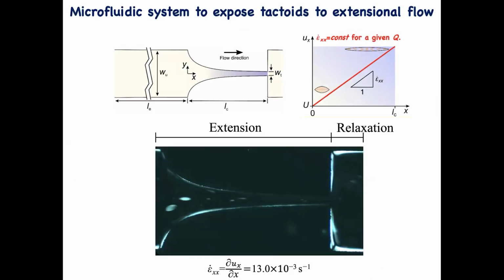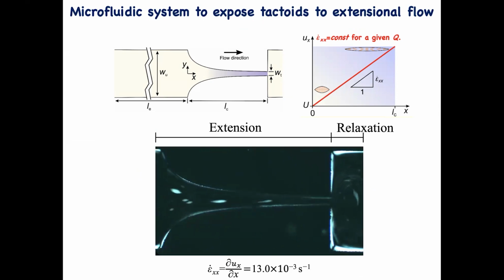So for example, this is a microfluidic chip. This is designed to have the straining rate constant along the channel. And look at the droplets. They come, they stretch, they rotate, and they relax. And they stretch a lot.